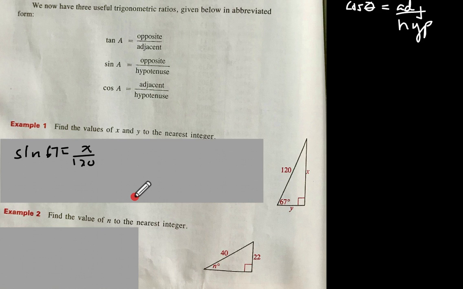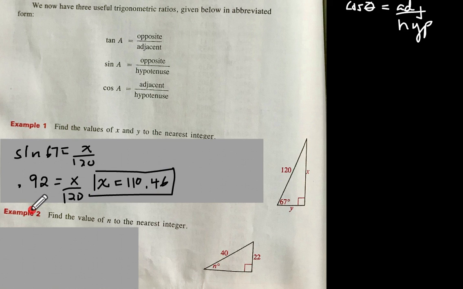You would put in your calculator sine 67, and that's going to be, you can work right along with me, 0.92 approximately, equals x over 120. Multiply that by 120, just leave it in your calculator, and you get x equals 110.46. Of course, that's approximate again, so that's your x.